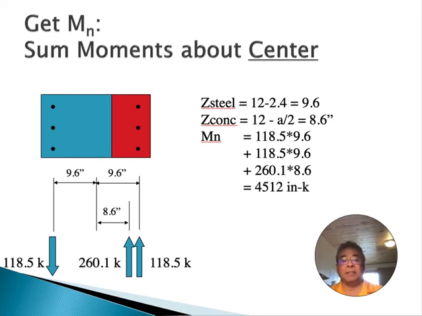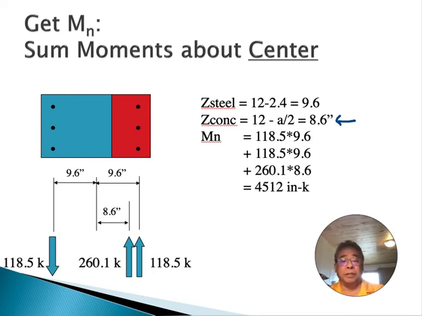Okay, so that's just 9.6 minus A over 2, right here. And the 9.6 I got from the 2.4 from the edge to the steel. So it's 260.1 times 8.6. In this case, they're all going counterclockwise.